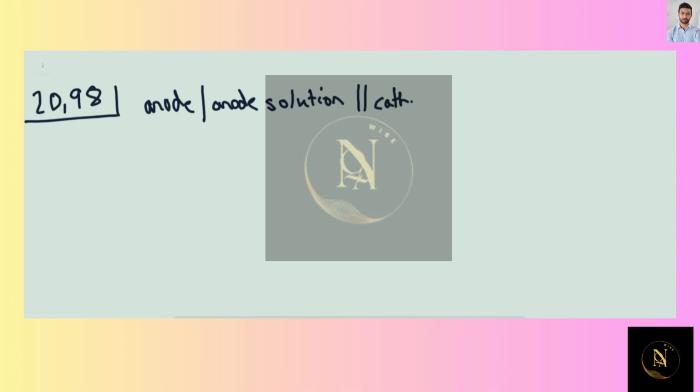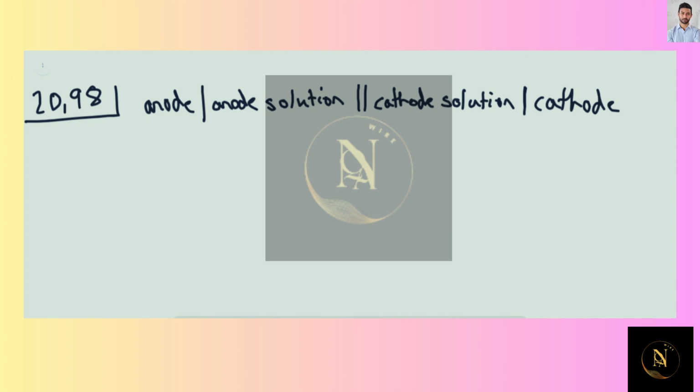Then we have cathode solution, and finally, the cathode. So a double vertical line represents a salt bridge or a porous barrier. A single vertical line represents a change in phase, such as from solid to solution.